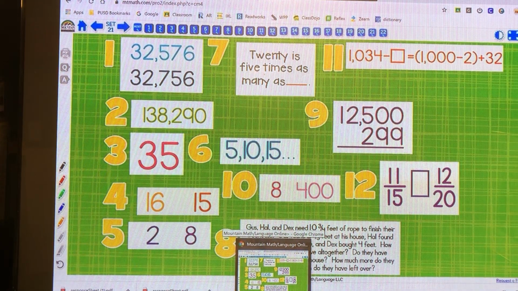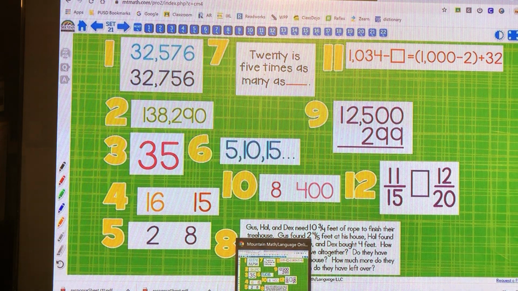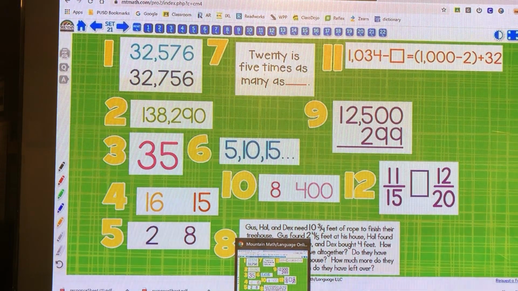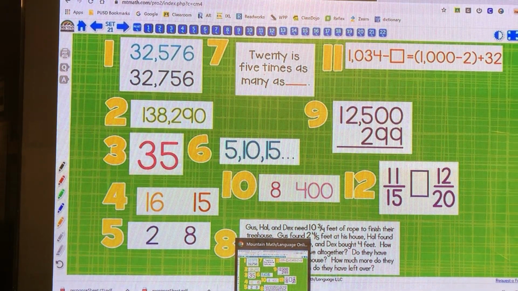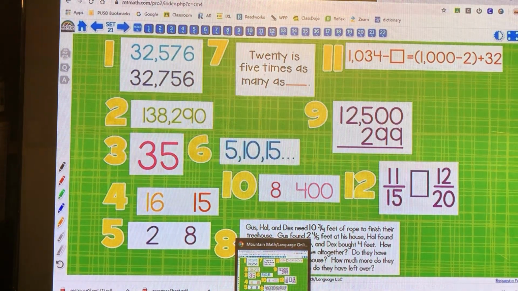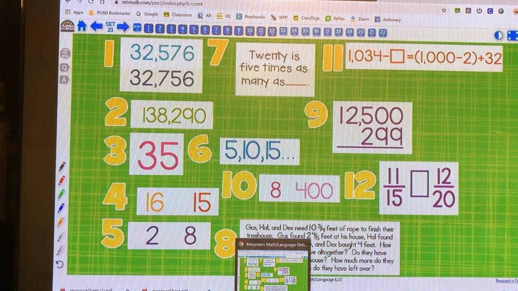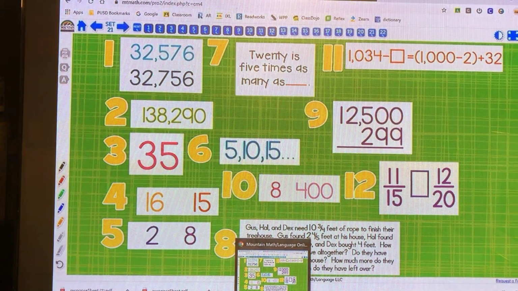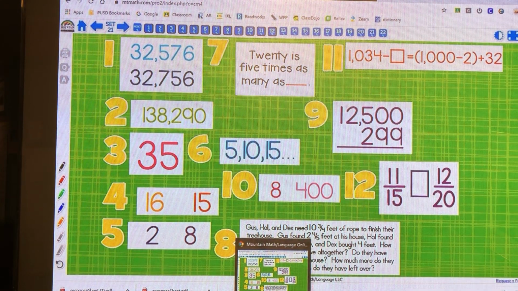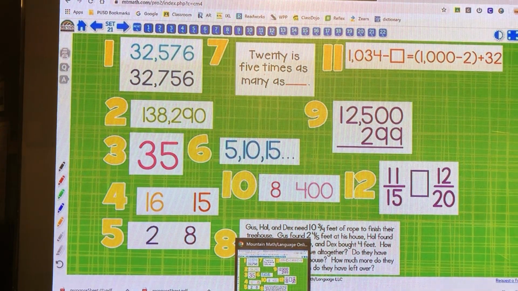We have the missing number within an expression, or within the equation. So 1034 minus the unknown is equal to 1000 minus 2 plus 32, and that is eked in there.